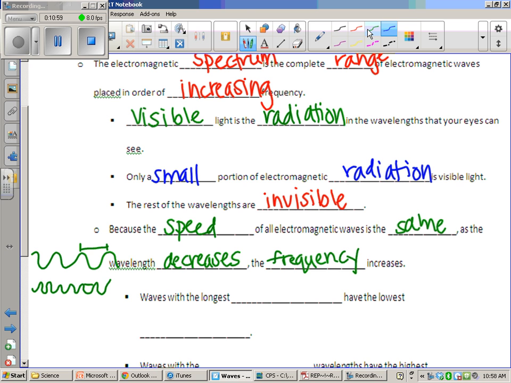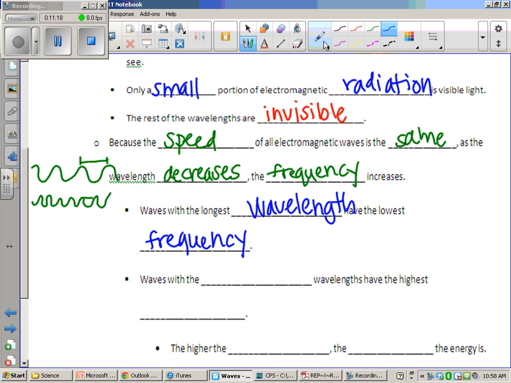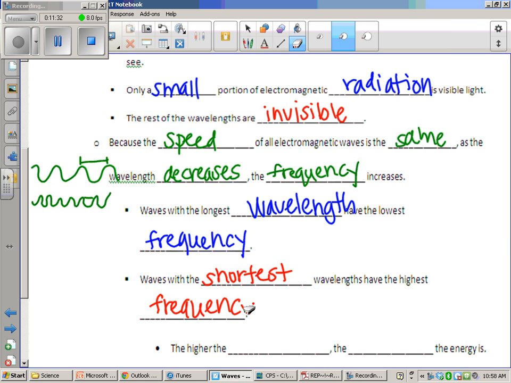So waves with the longest wavelength have the lowest frequency. And waves with the shortest wavelengths have the highest frequencies.